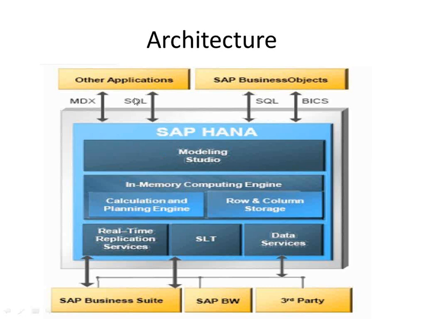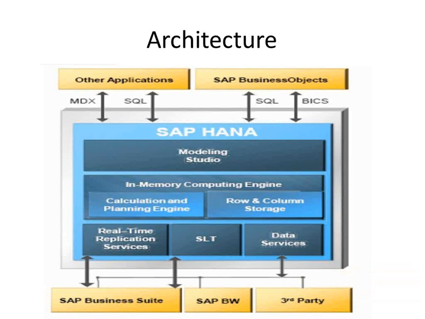Now, your queries that are fired are basically dependent on the kind of reporting tool that you're using. It could be you're using a Business Objects reporting tool, or you could be using an Excel. All right. So when you do those, it has to convert that particular query into a format that is understandable by the SAP HANA appliance.